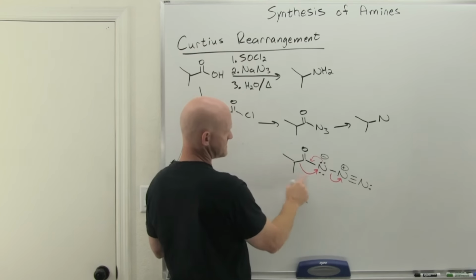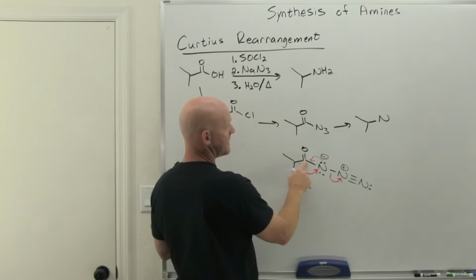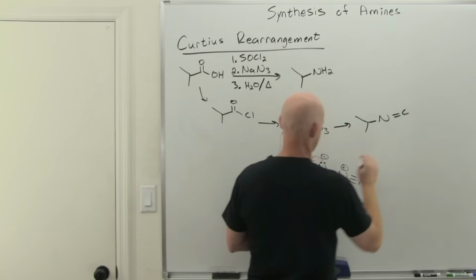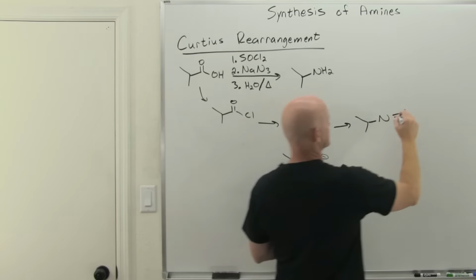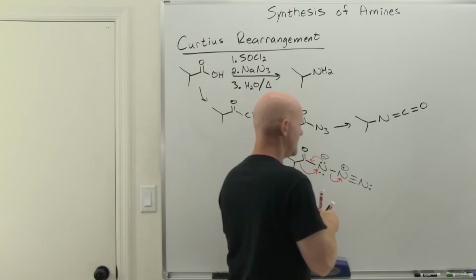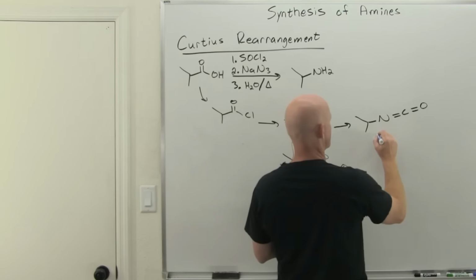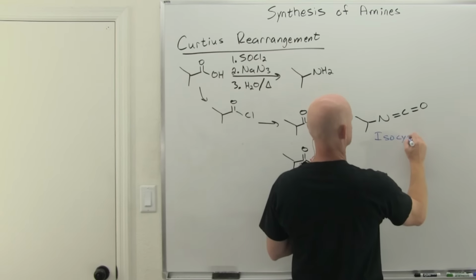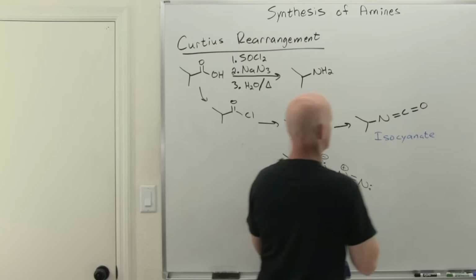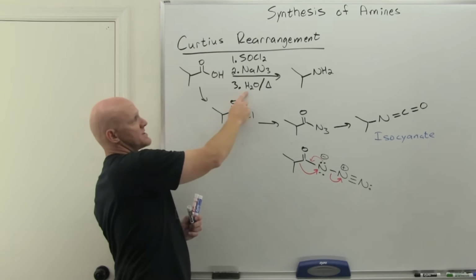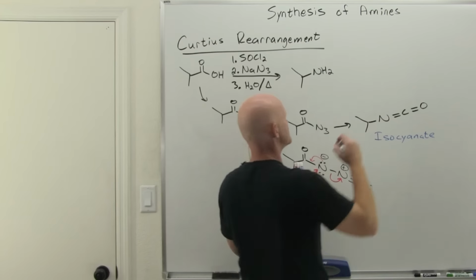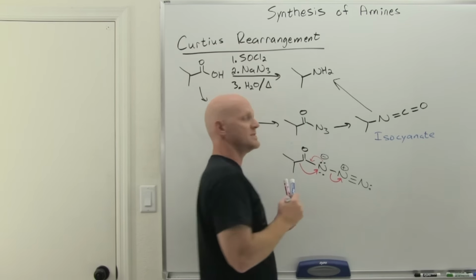So this carbon now is bonded to the nitrogen. That nitrogen is double bonded to a carbon that is double bonded to an oxygen still. And so there you've got your isocyanate. Then again, it undergoes hydrolysis to turn into your amine plus carbon dioxide.